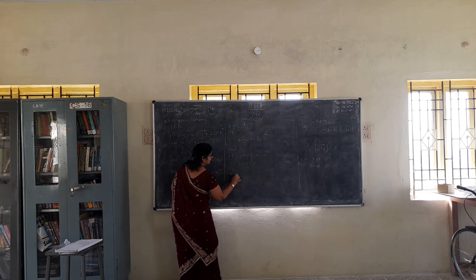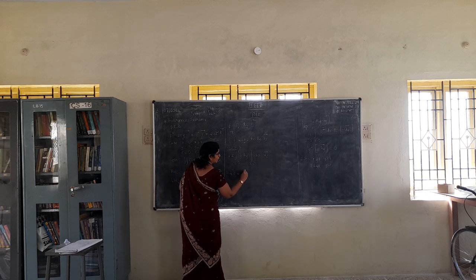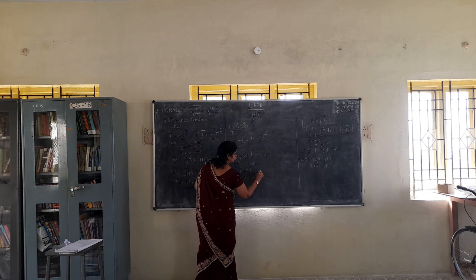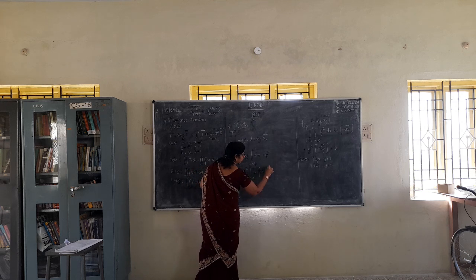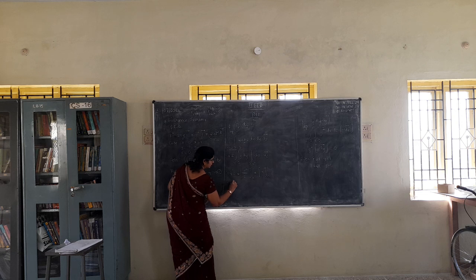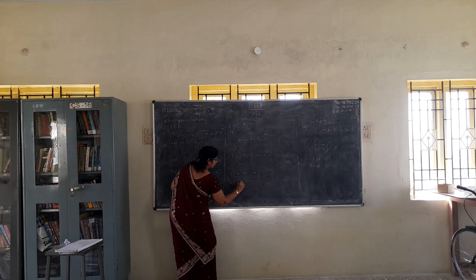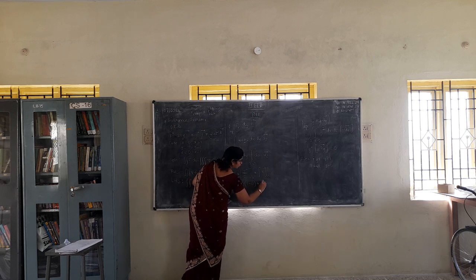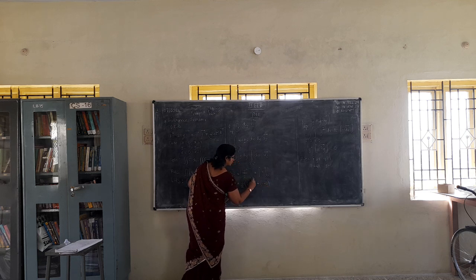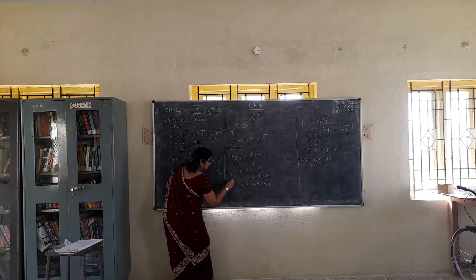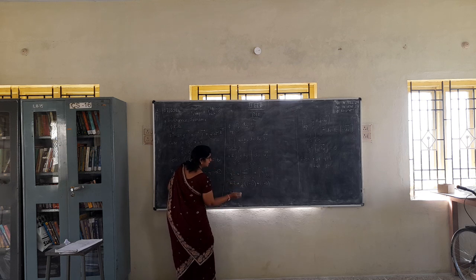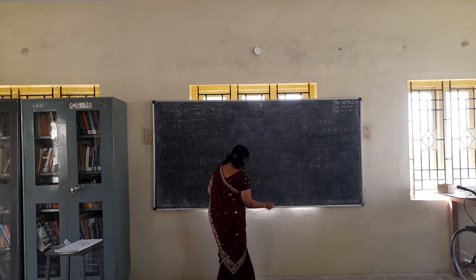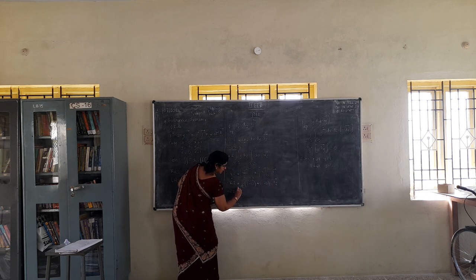So 4z into y square by 2 from 0 to 1 into x from 0 to 1. So 4z into 1 by 2, taking common, you get 1 minus 0, again 1 minus 0. So the 2 cancels, and you get 2z into az vector.